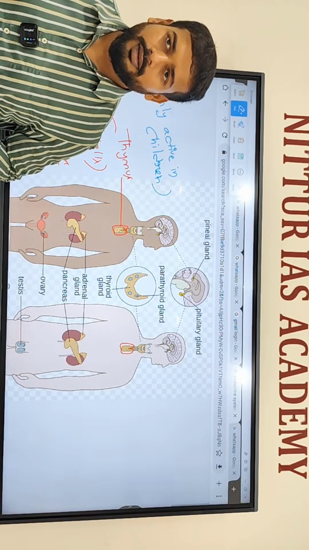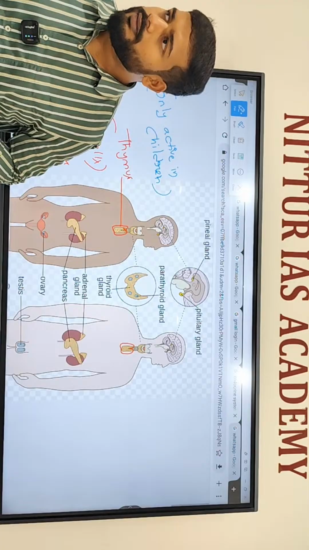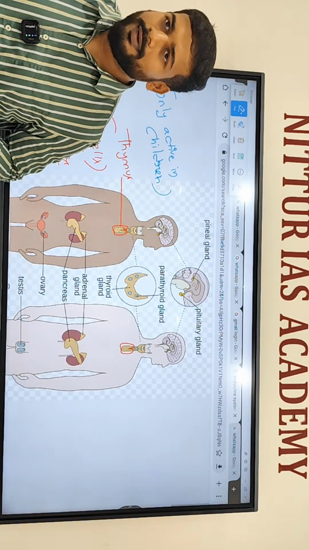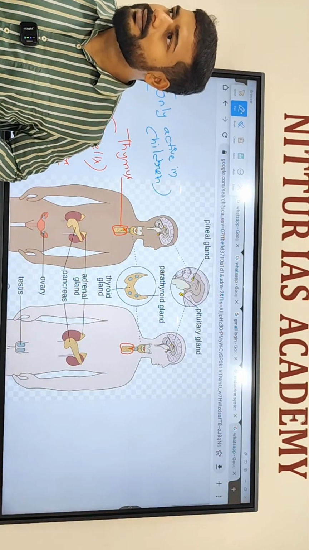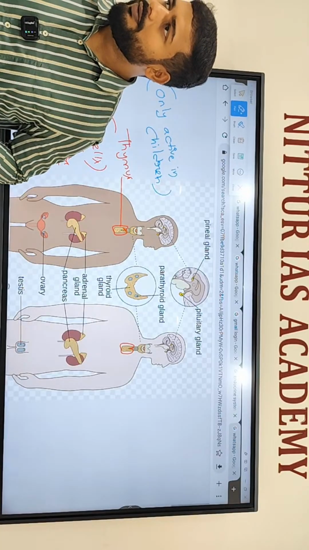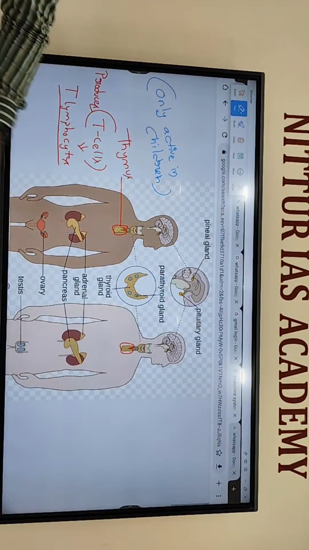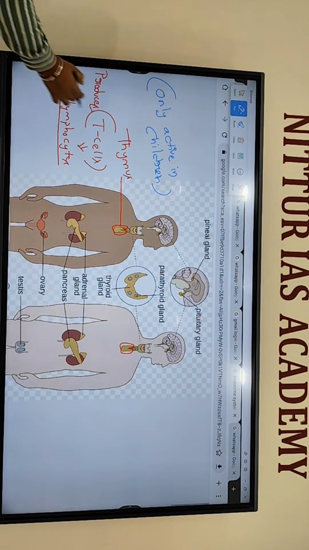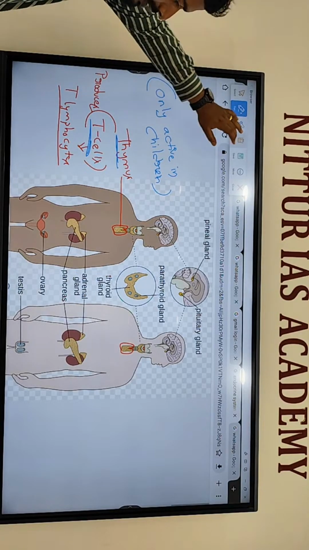But when we were children, they used to say, if someone offers you a lift, don't go. If someone gives you candies, don't take. If someone says, come, I will drop you to your home, don't go. Extra care. Why? Because he didn't know who is a good person, who is not. Likewise, children are exposed to so many new varieties of microorganisms. That's why the thymus gland is present and it produces T cells, T lymphocytes.